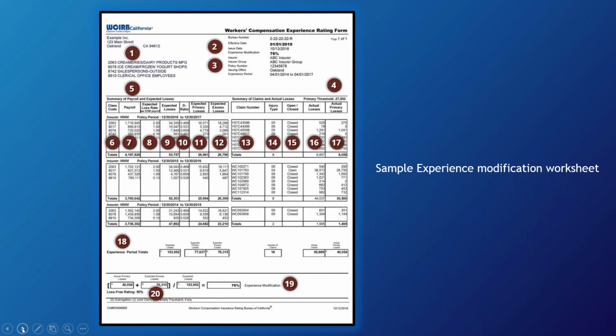A few other things beyond that, it would be a good tool to point out how their claims are. If you could look at the claims and see by class code where they're having the problems, you can dig a little bit deeper on this. But this is an important rating worksheet, and you can get this from the Bureau easily.